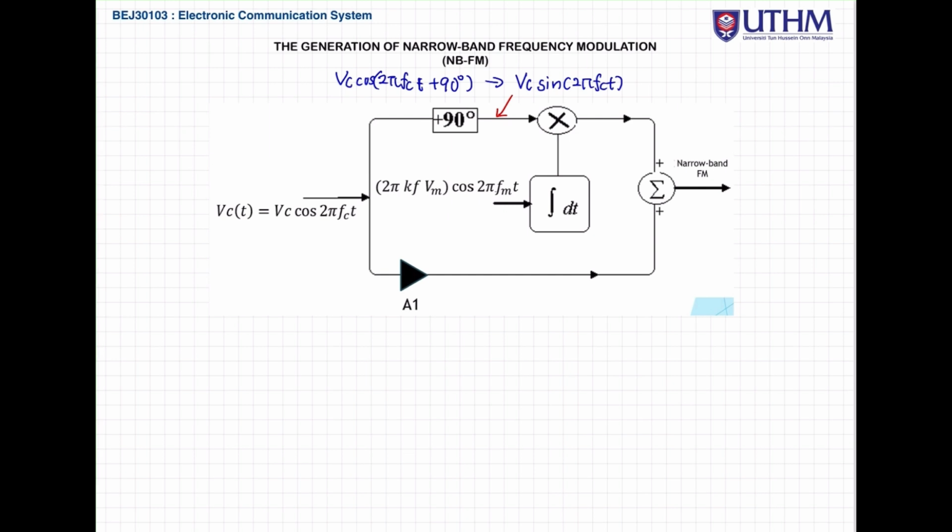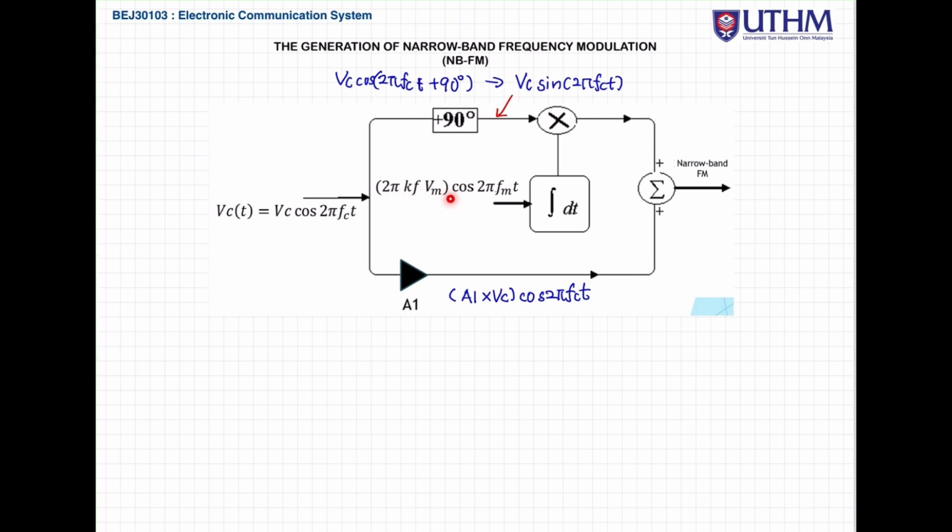The carrier signal is also directed to the gain here. At this point, the amplitude of the carrier is amplified by a factor of A1, giving A1 Vc cos 2π fc t, whereas the other parameters, such as phase and carrier frequency, are preserved.